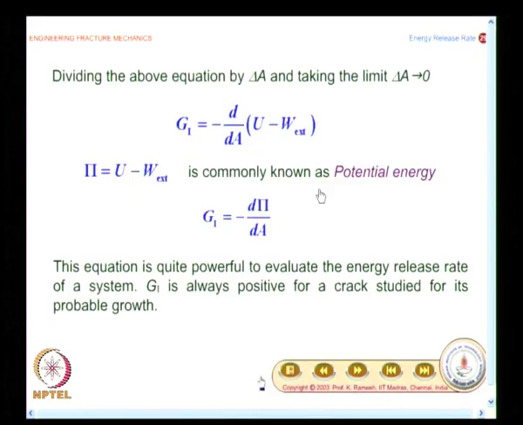So, we write G1 as minus of d capital pi divided by dA. So, this is the generic expression. What you have to keep in mind is G is always positive for a crack studied for its probable growth. So, you will find the whole expression will become positive for given specific instances.